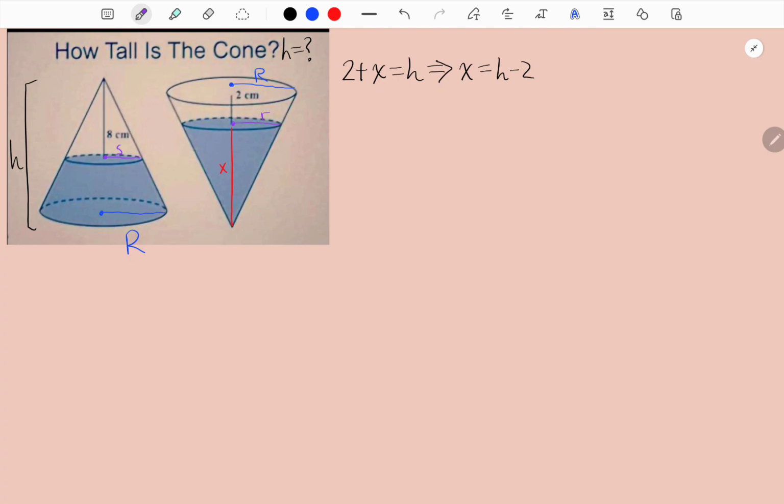There are a lot of variables right here, I know, but in the end, we're going to make sure those variables are all gone. For now, let's start with the second cone.